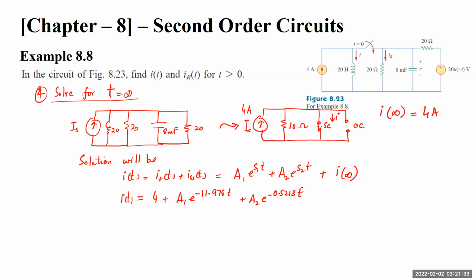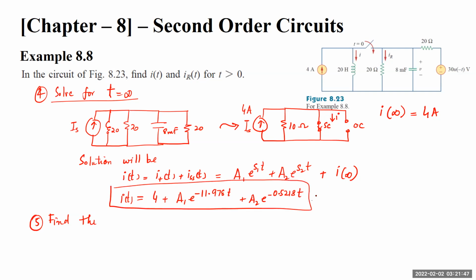Now what we have to do? This is step 5. I call this equation A. Find the second initial condition, that is di(0) by dt.